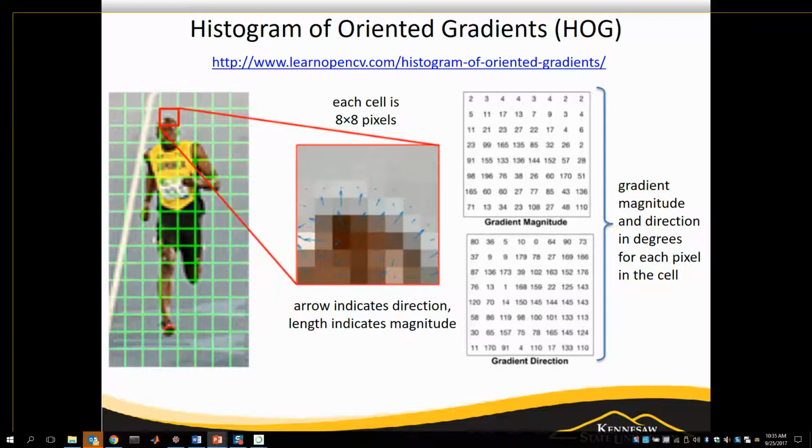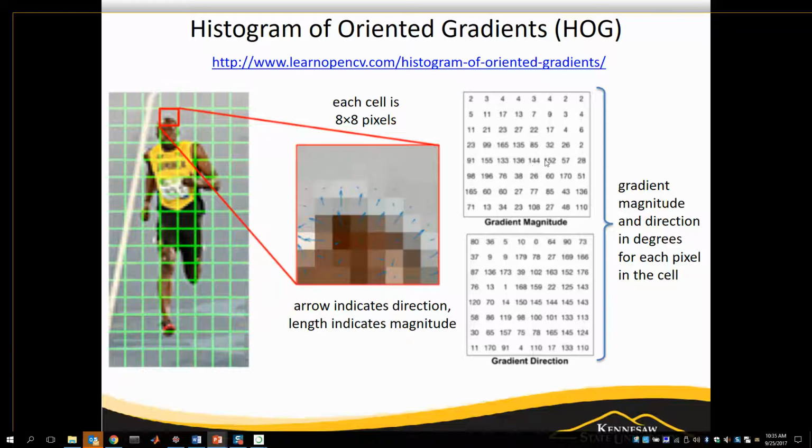So we're going to take one cell at a time, and we're going to put an edge filter over top of that to find a gradient. Each pixel in here is going to get a gradient, and this here is the gradient magnitude.